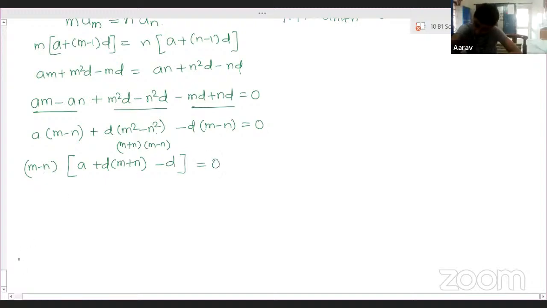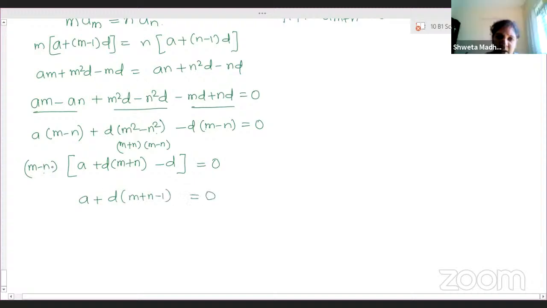After that, (a plus d) common into (m plus n minus 1) is equal to 0. So this m minus n will be transferred to RHS and becomes 0, because m and n are numbers, not variables. Therefore, we can move it to RHS and it becomes 0.